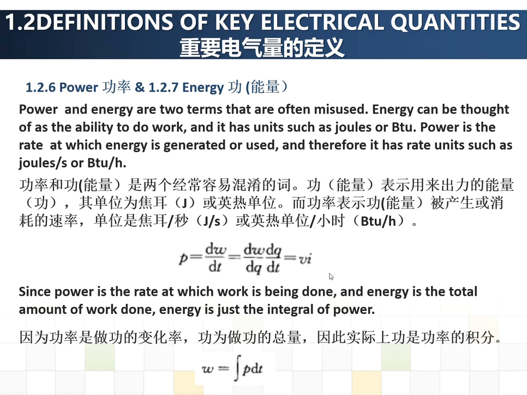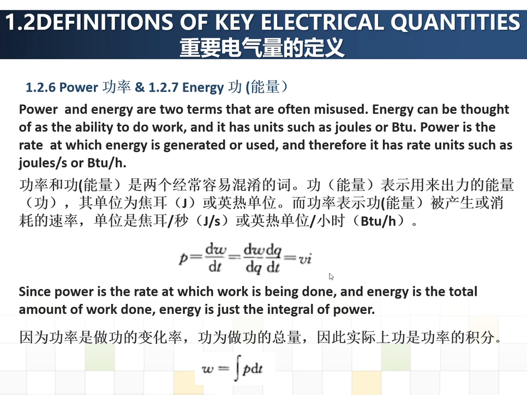Therefore, power is defined as dW divided by dt. It can be rewritten as dW divided by dQ multiply dQ divided by dt. Since dW divided by dQ is voltage and dQ divided by dt is current, therefore dW divided by dt is equal to voltage multiply current.